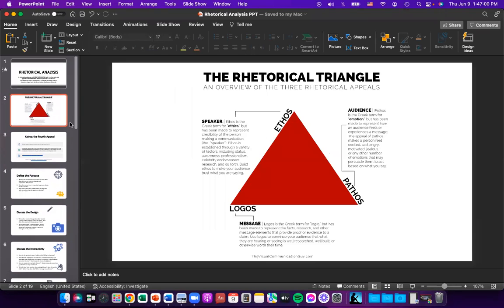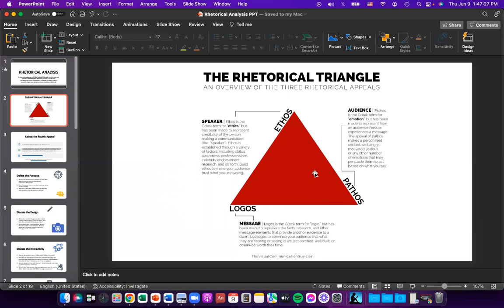Something that I'm going to pause that I do want you to think about, with the Canine Advantix commercial, if I asked you to come up to this triangle and to put a circle somewhere on this triangle, not all the way over on the edges, where would you put that circle to represent which appeals were strongest in that video, which appeals were weakest?